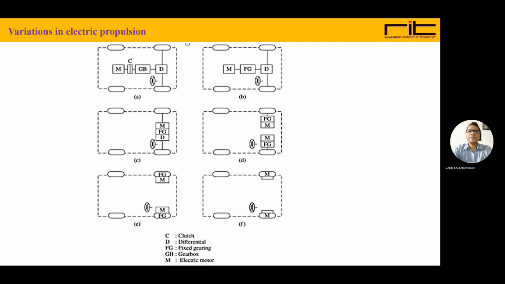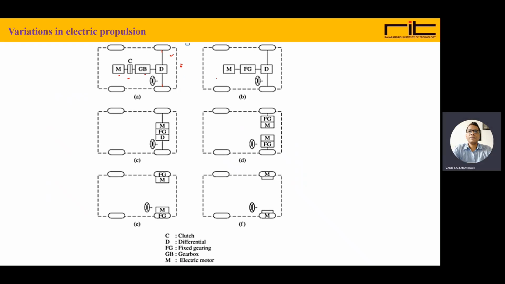In the first combination, we can see there is a motor, also a clutch, a gearbox, and a differential, and through this differential it is connected to the axle and to the wheels. Suppose this is the front side, then it is a front driven vehicle, and the motor is supplying the required torque and power.